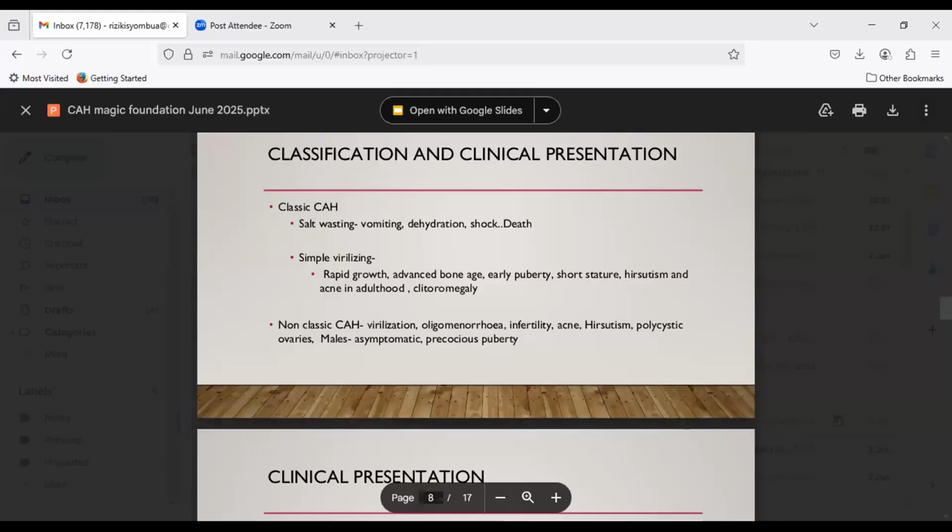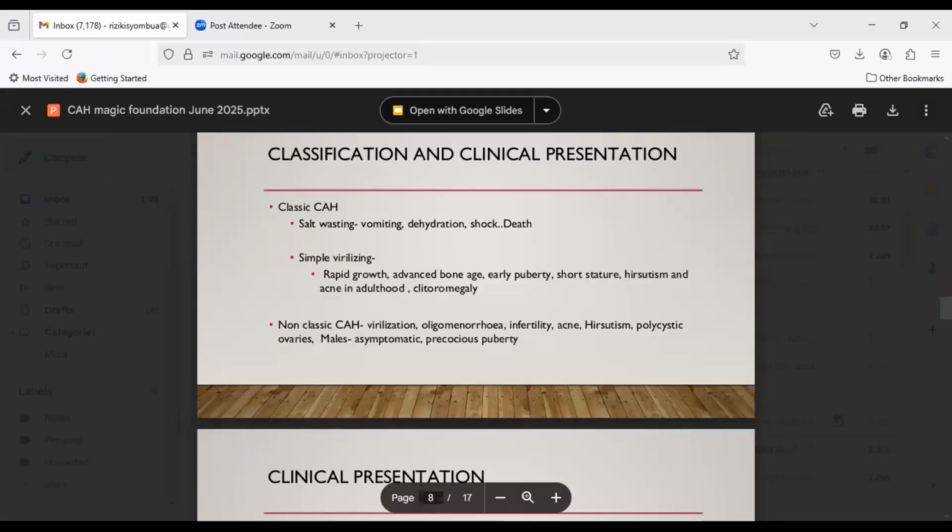Then you have the simple virilizing, where the only issue you see is the effect of the excess of the androgens, and the child is just virilized, but they don't go into salt wasting shock. And then we have the non-classic.